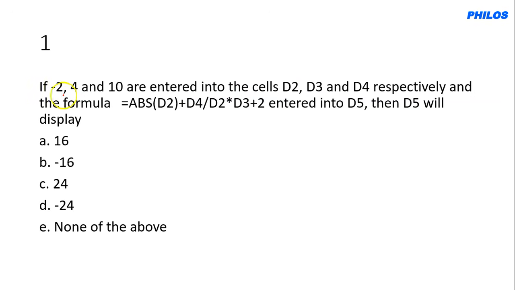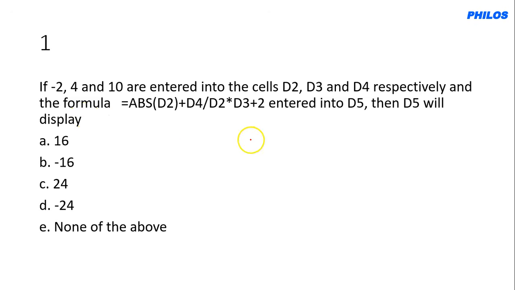Question 1 says, if -2, 4, and 10 are entered into the cells D2, D3, and D4 respectively, and the formula equals ABS(D2+D4/D2*D3+2) is entered into D5, then D5 would display.